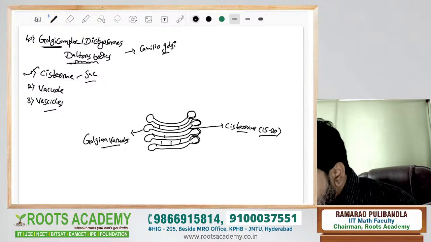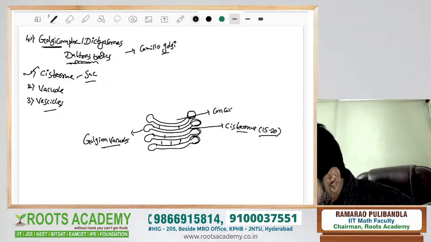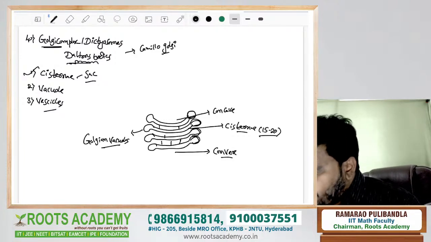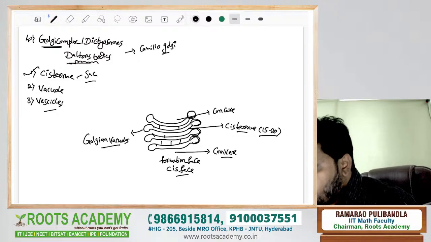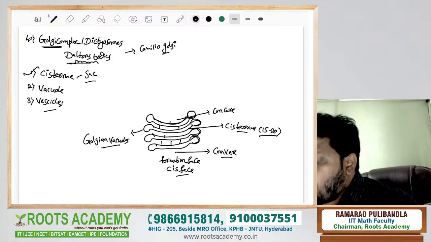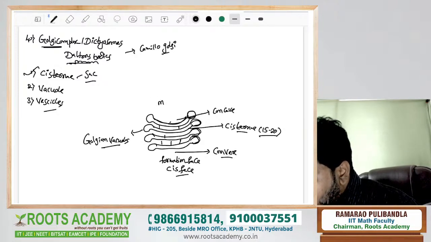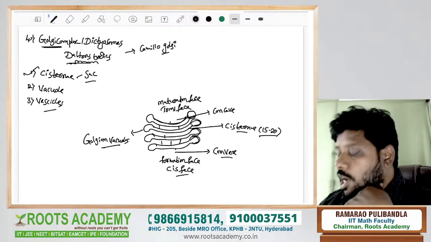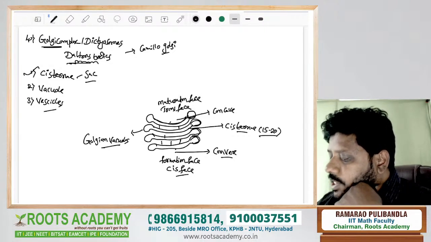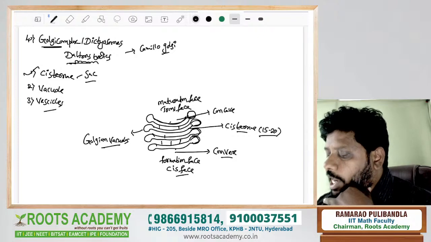And see, this is the concave region and this is the convex region. The convex region is called the formation phase or cis phase. The region which is present towards the concave is called the maturation phase or trans phase. The phase which is present towards the convex is called the formation or cis phase, and the phase which is present towards the concave is called the trans phase or maturation phase.